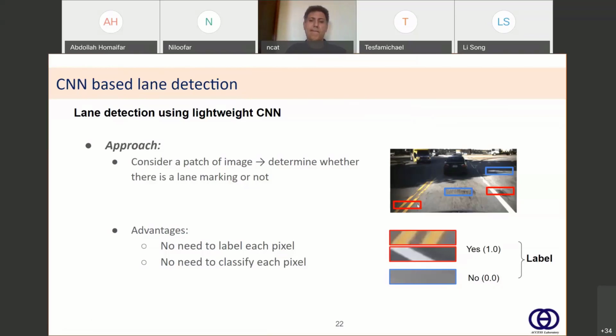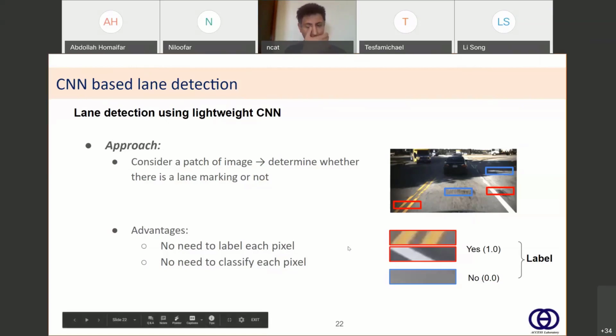We can create this patch starting from the left side of the image and slide it along the row to search for all the lane markings in that image, and later we can combine these detections to form the lane boundary.